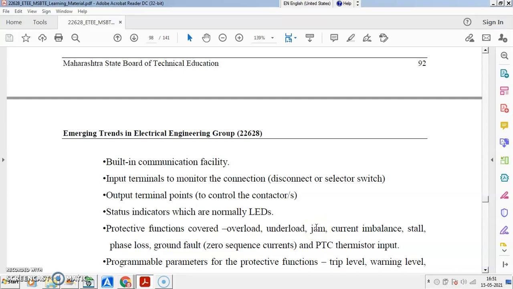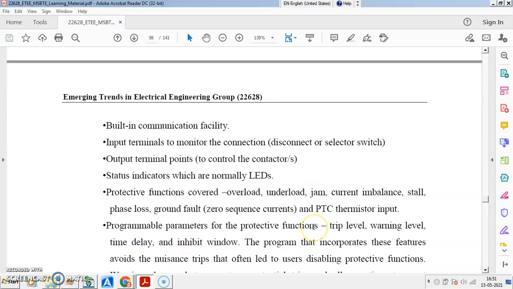Okay, so protective functions covered, that is very important. Not only overload, but all other protections like underload, overvoltage, undercurrent, imbalance, loss of phase, ground fault. So all these indications come to the relay.